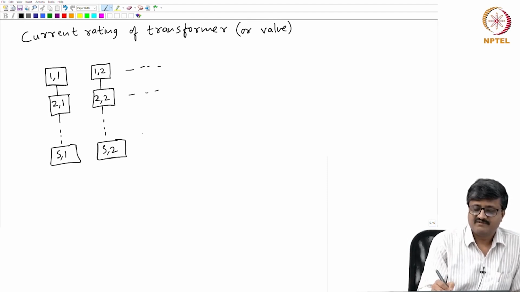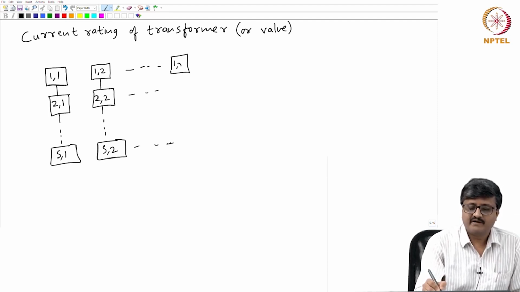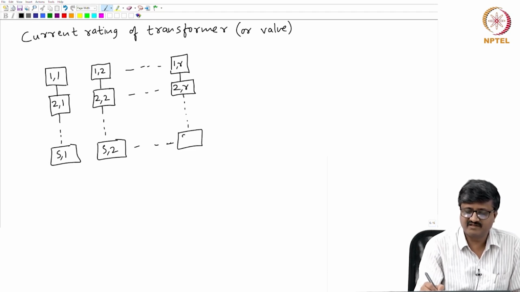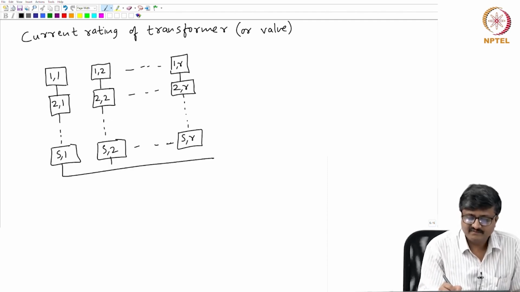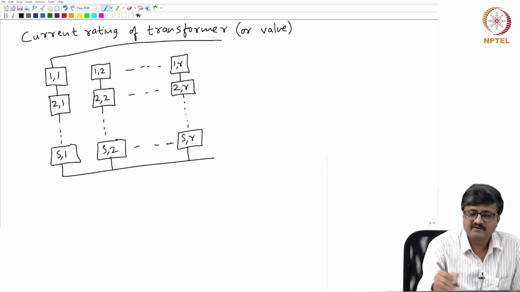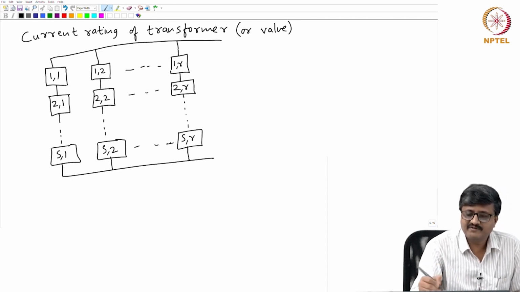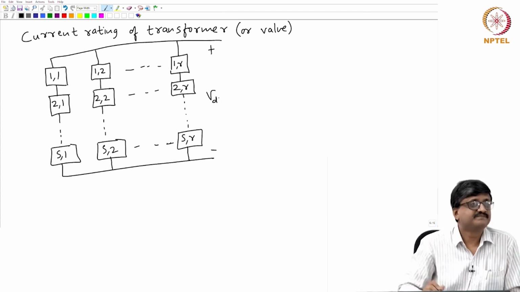So, we have many such parallel paths, up to 1,R connected in series with 2,R and so on up to S,R. All these parallel paths have two terminals, which are brought out. The voltage which appears here is Vd, the instantaneous voltage.